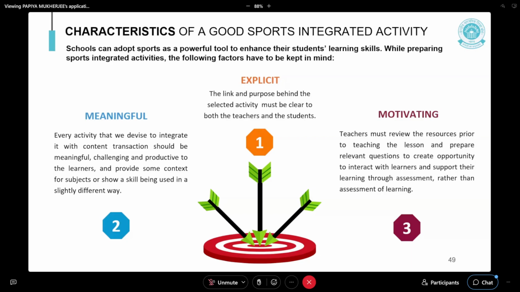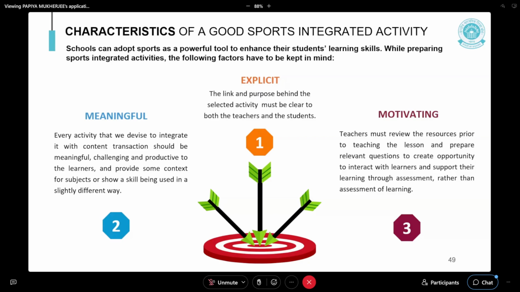First is, it should be explicitly clear what is the link and the purpose behind selecting an activity, and it should be clear both to the teacher and student why we have chosen this content, how are we going to link it to a particular sport activity. That the students need to be aware and the teacher also.